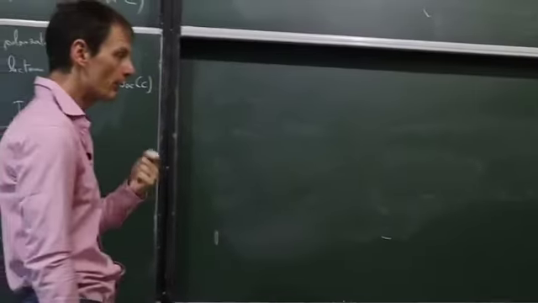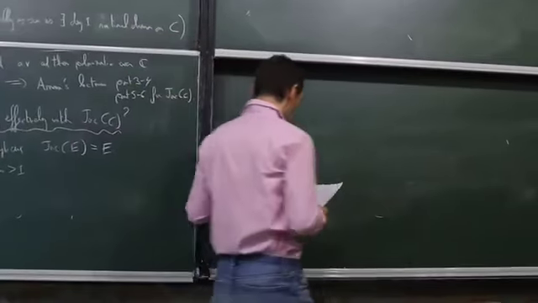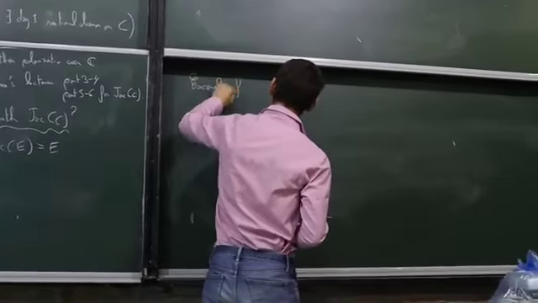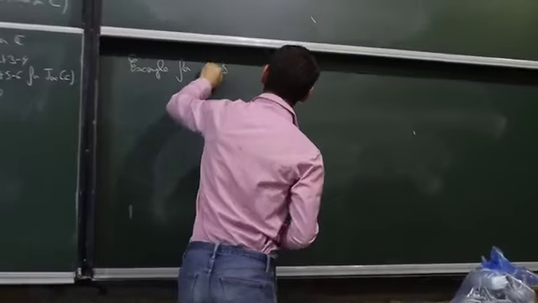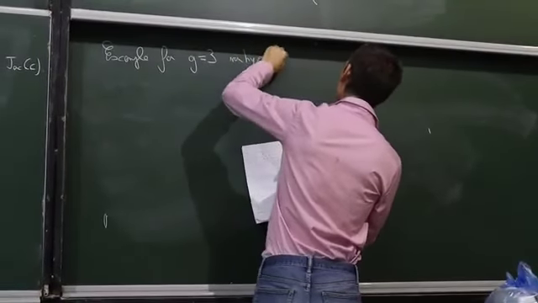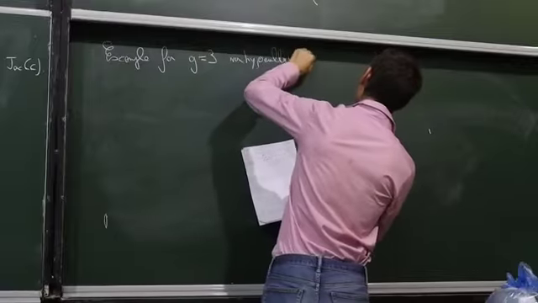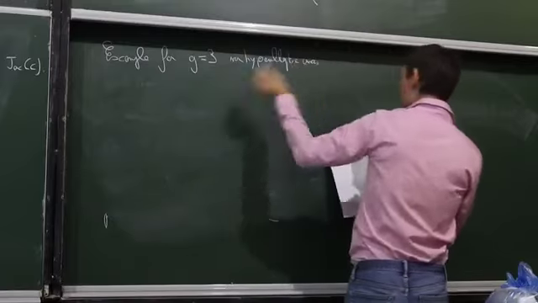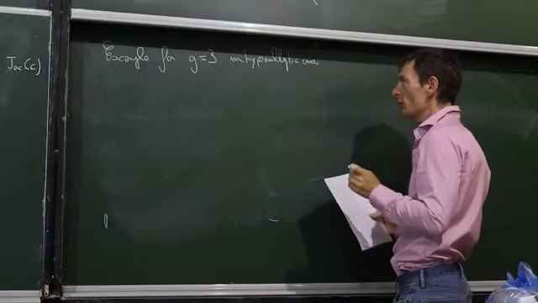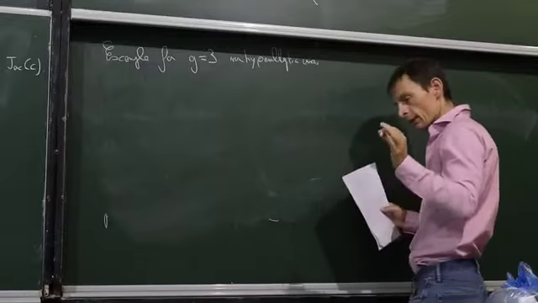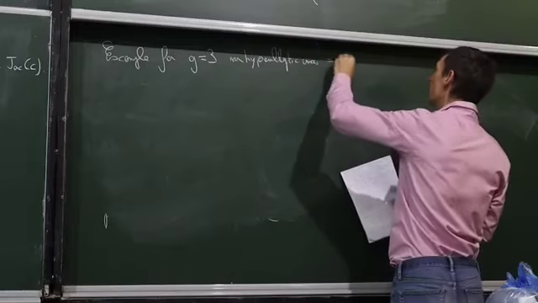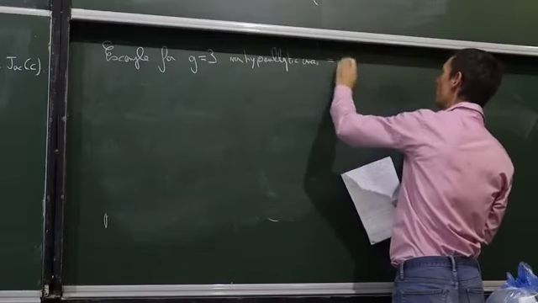Now, how am I going to add them? For this, I'm going to give you an example for genus 3 non-hyperelliptic curves. If you remember one of the lectures that we had, genus 3 non-hyperelliptic curves can be embedded canonically inside P2 as smooth plane quartics.